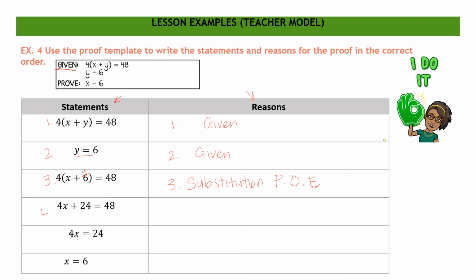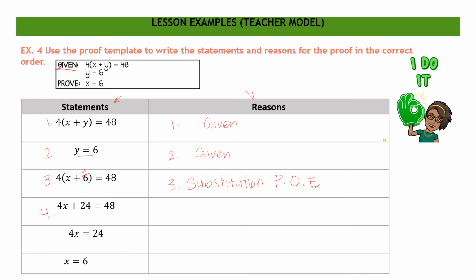Now let's look at statement number 4. Statement number 4 says 4x plus 24 equals 48. Well, once again, in proofs, we always look at the statements and reasons that came before it to help us determine what the next statement or reason is going to be. So your question should be, how did they go from statement 3 to now statement 4 with 4x plus 24 equals 48?